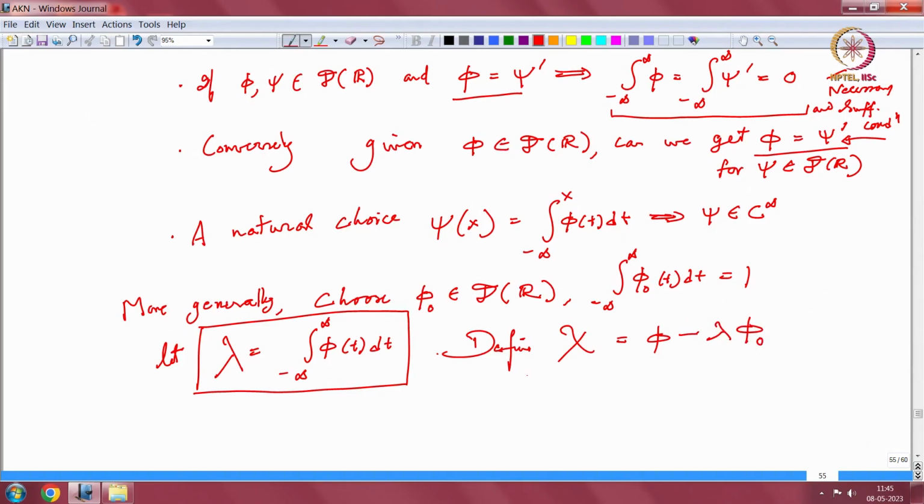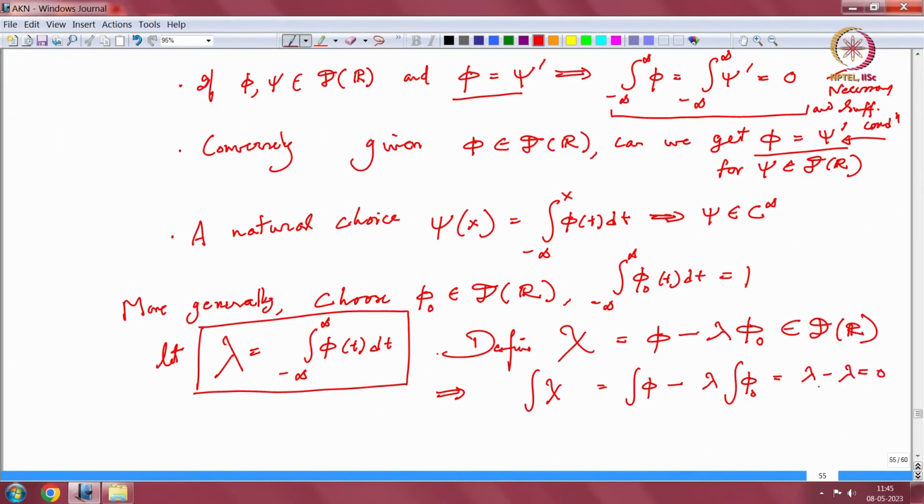So now the integral of chi is equal to the integral of phi minus lambda times the integral of phi naught, lambda being a constant. Phi naught you made compactly supported, so it is in D of R, and its integral is 1, so the integral of chi is lambda minus lambda, which is 0.